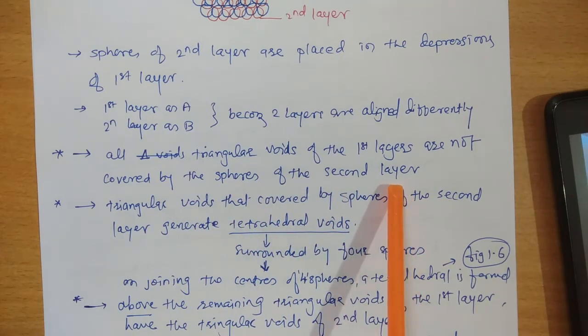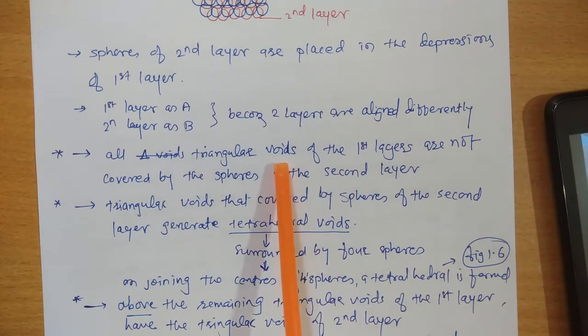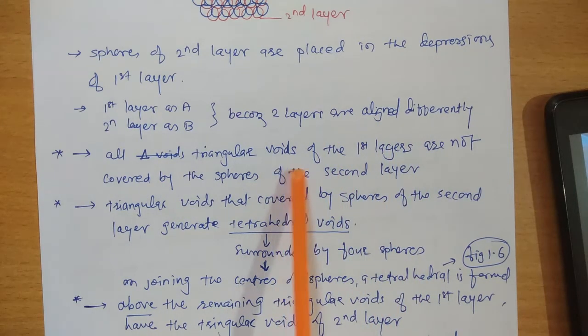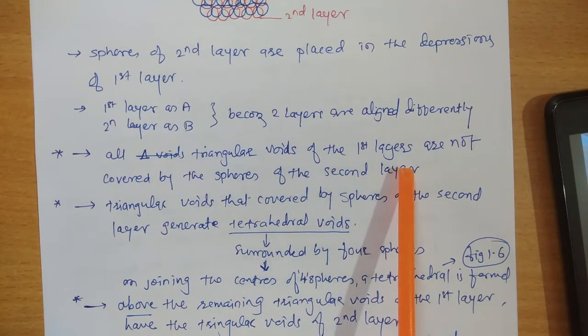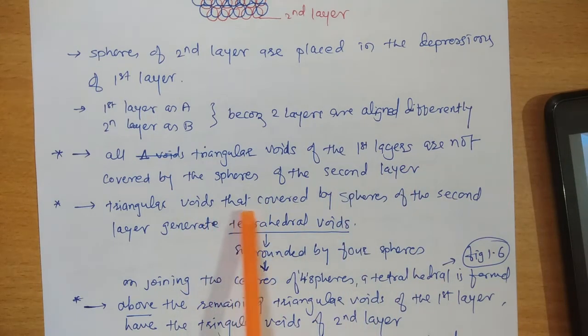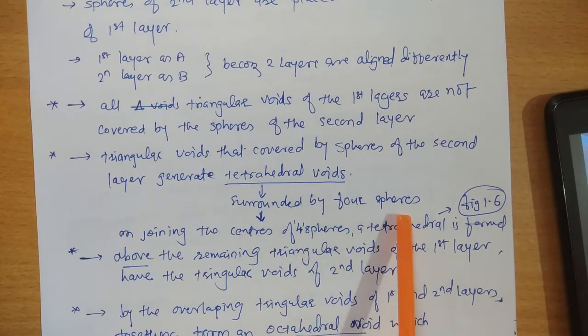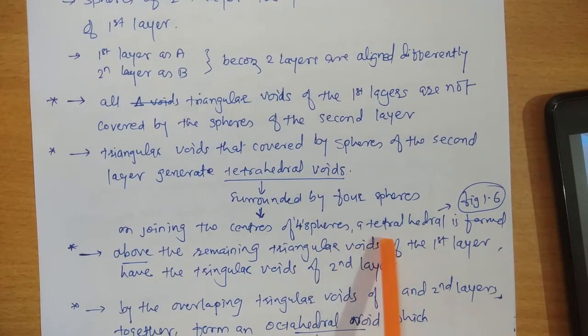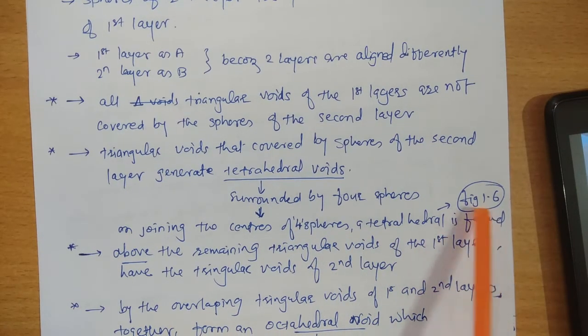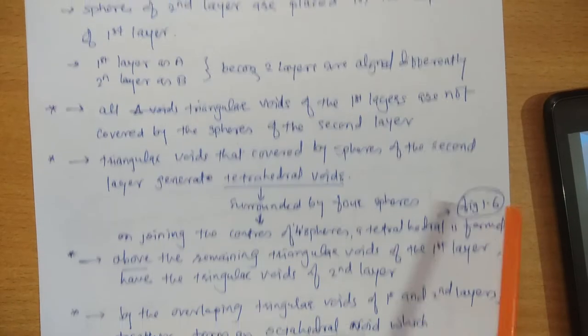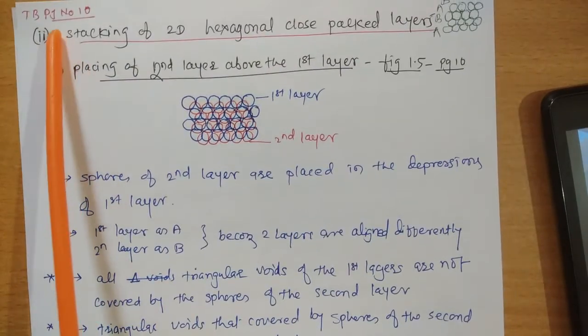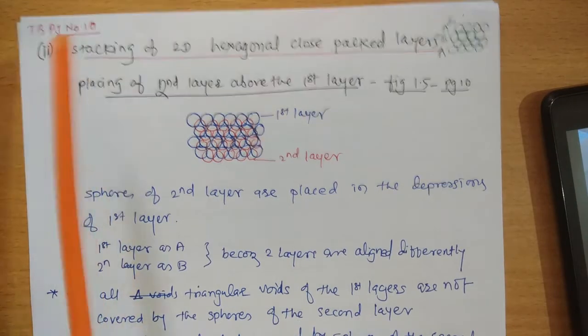Where triangular voids of the first layer are covered by the second layer, a tetrahedral void is formed. Triangular voids covered by the spheres of the second layer generate tetrahedral voids, which are surrounded by four spheres. On joining the centers of these four spheres, a tetrahedron is formed. Figure 1.6 in the textbook, on page number 10.